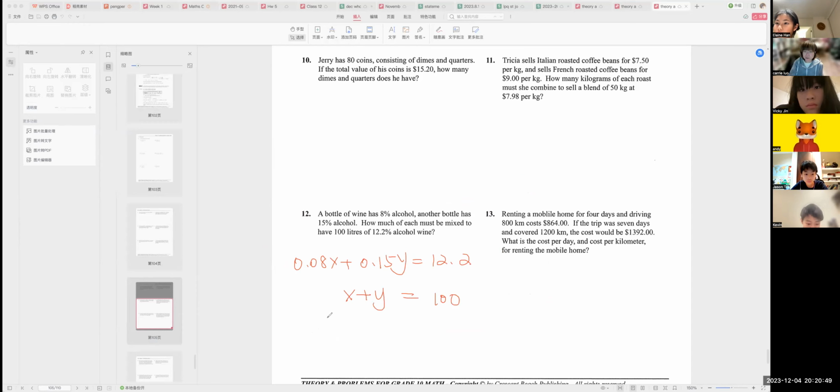So how are we going to do it? We can multiply the second equation by 0.08, which gives 0.08x plus 0.08y equals 8, correct? So subtracting, the x is gone, and 0.07y equals 4.2. So y equals 60, and x equals 40. Understand, everybody?